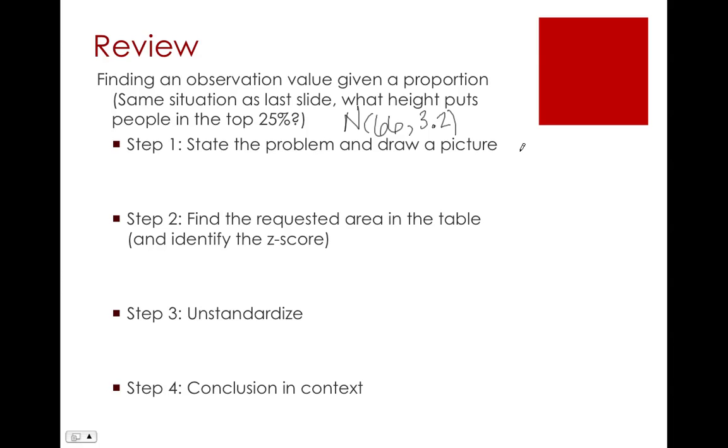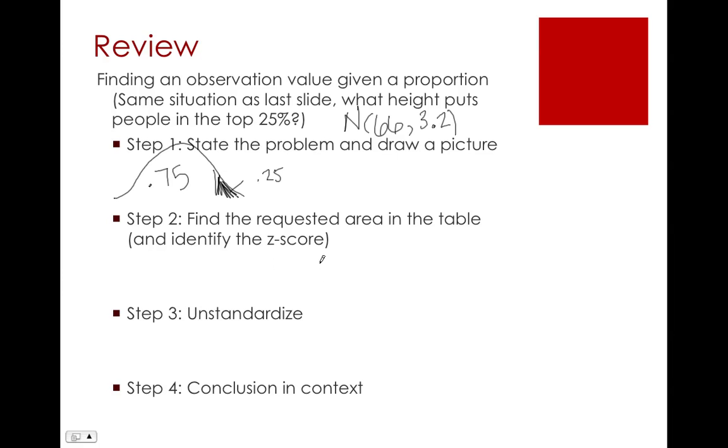Go ahead and pause the video and solve this. Okay, so I'm going to make my normal curve. I want the top 25%, which I know I cannot look up in the table. What I'm going to look up is the bottom 75%.